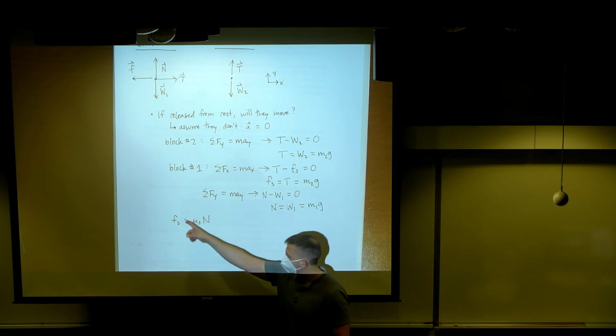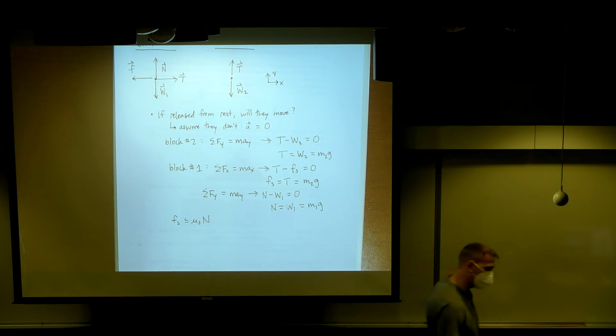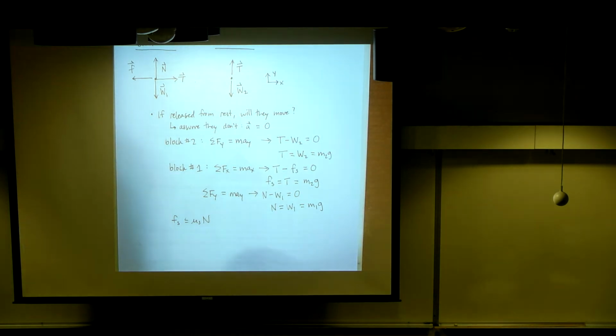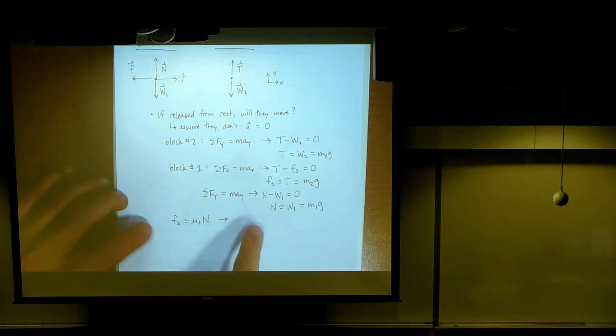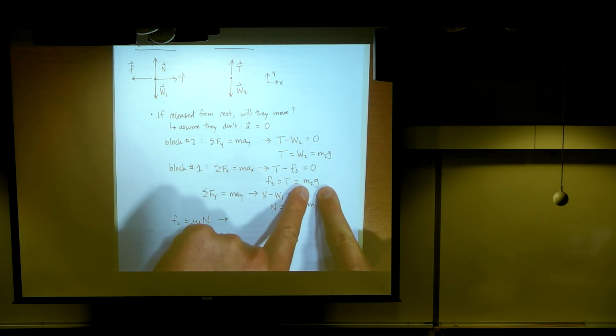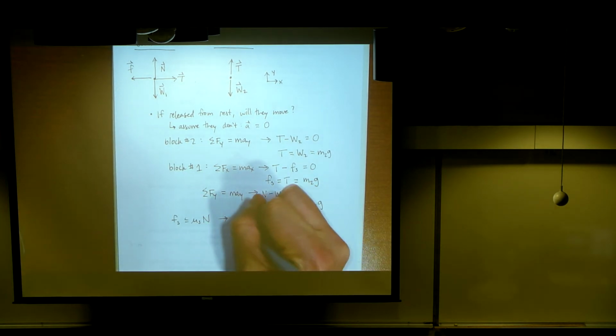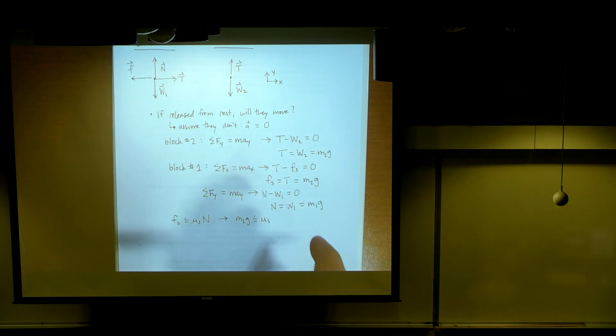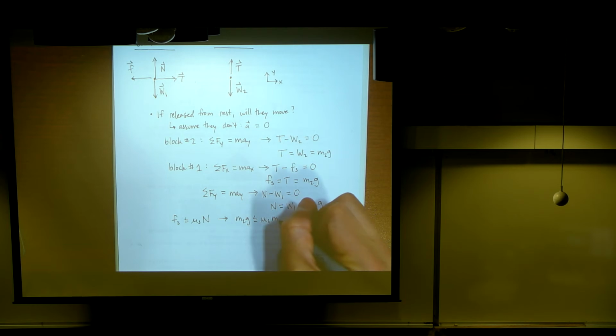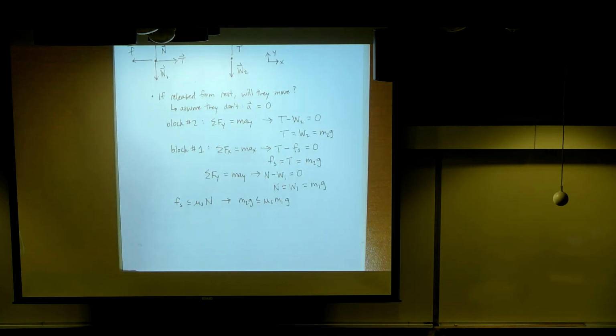So we're just going to plug some numbers in here to check whether it works, okay? So remember, for static friction, that was m2 times g. That's less than or equal to μs times N, which is m1 times g. So the way I'm going to do this is just put the numbers in on both sides.